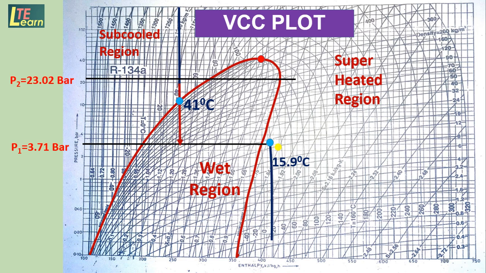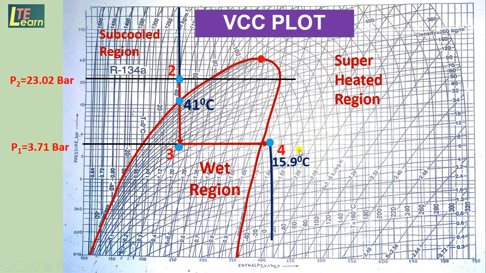Now through this condensation point on the saturated line we draw vertical line. So this line will meet the discharge pressure line and suction pressure line. So we find here on both sides intersection points. On the discharge line we find point number 2, and on the suction pressure line we find point number 3. From point number 3 we draw the horizontal line which is cutting this temperature line.